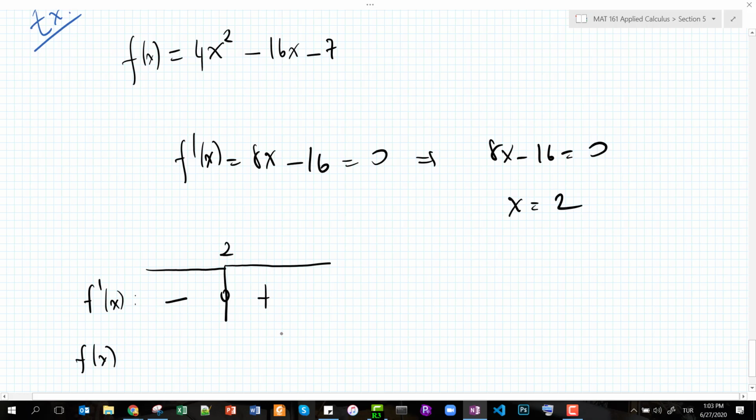Remember the increasing and decreasing test we discussed before this first derivative test. It was saying if your function's derivative is less than 0, your function is decreasing. If the derivative is positive, your function is increasing on that part. If you look at this shape, here you have a valley. That means you absolutely have a minimum point.